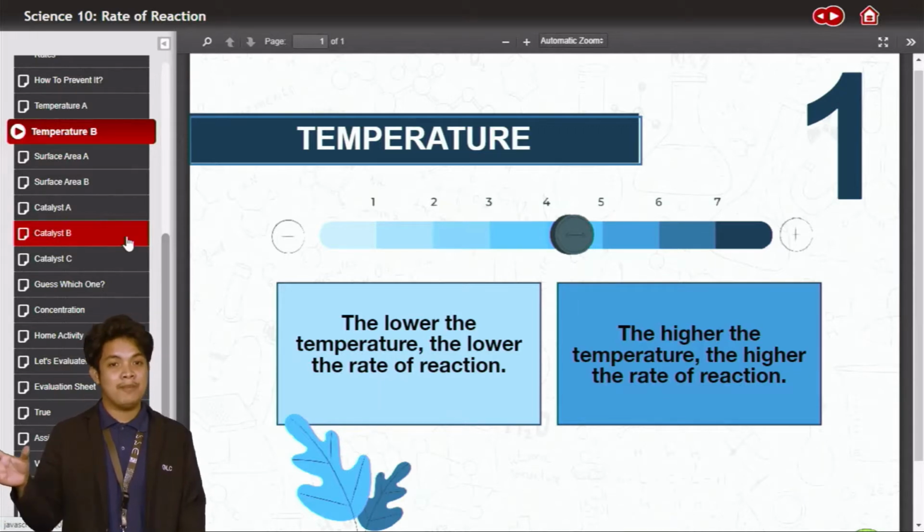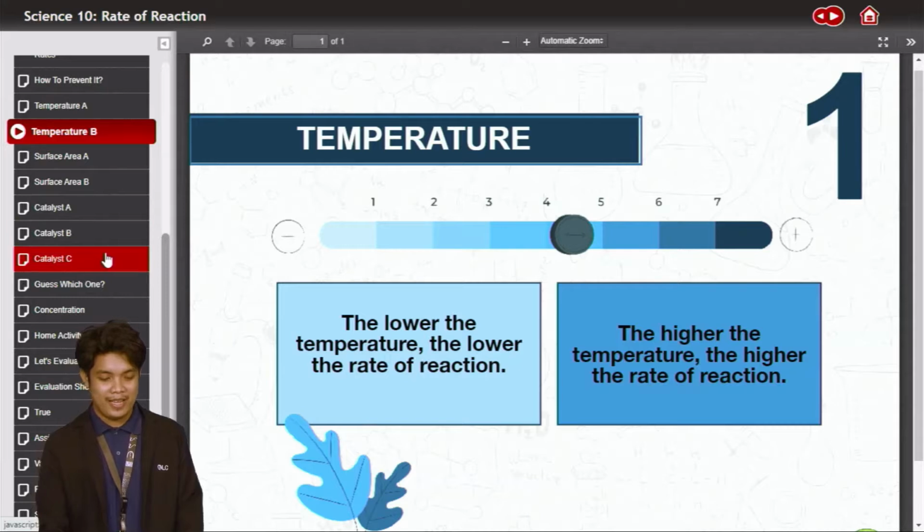If you increase the temperature, like in cooking, more molecules will move fast, have more energy, and thus more fruitful collisions, and the faster the rate of reaction.